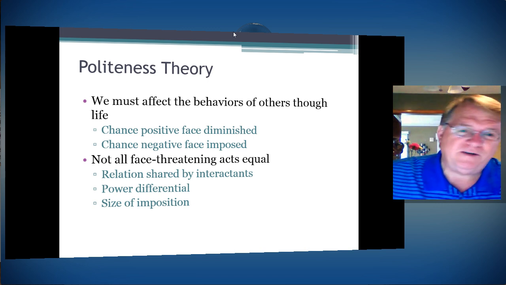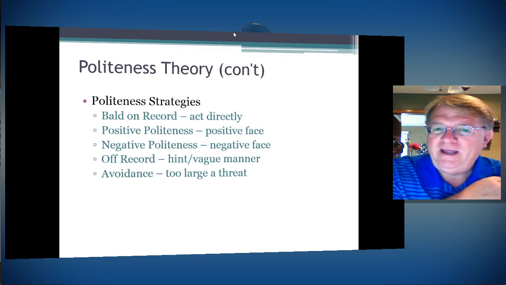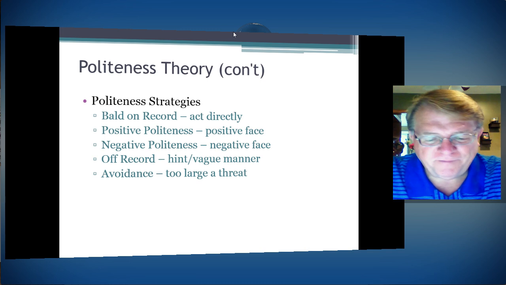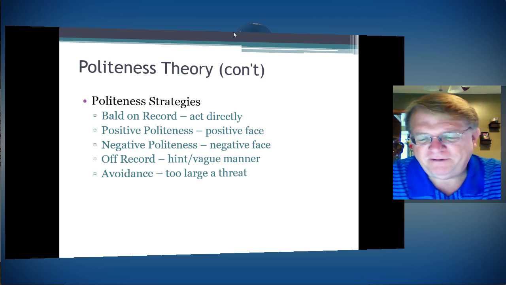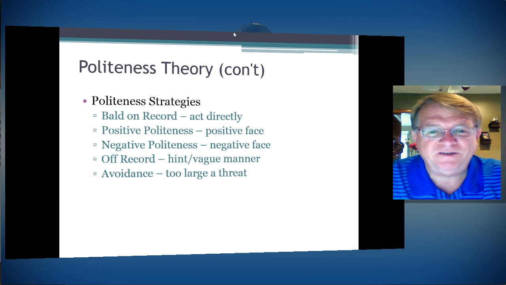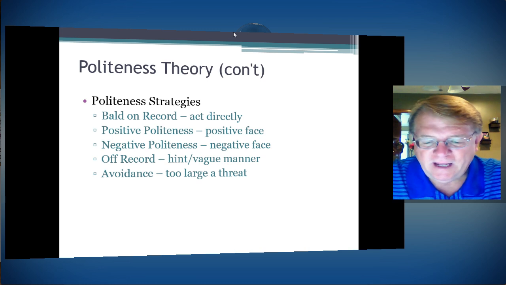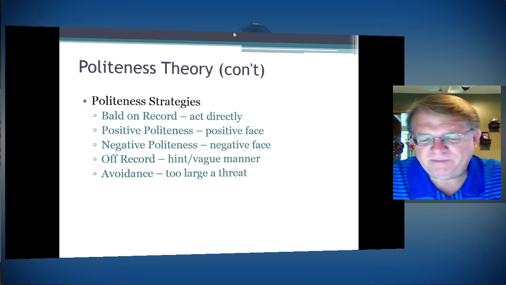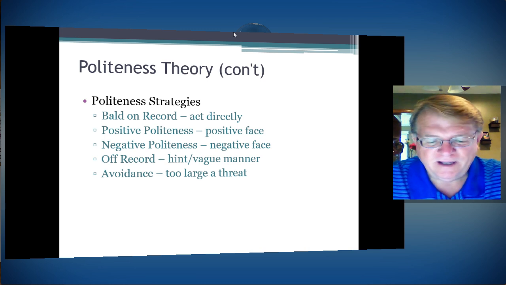So, is there a strategy to make it happen? Yes, there is. Here they are. One is to act directly without concern for face. Just do it. Then there's the one where, when you're talking about somebody, you're trying to be positive, you're trying to build them up, you want to focus on the positive face.